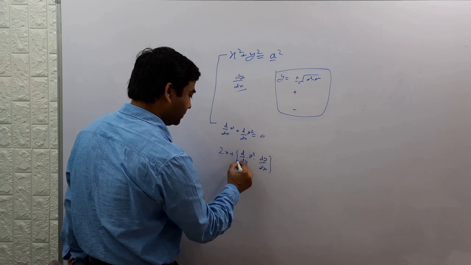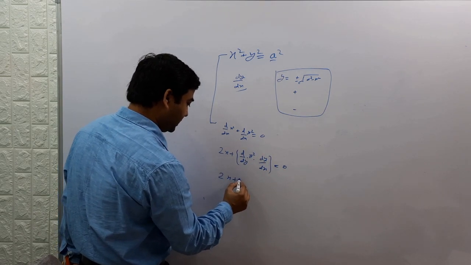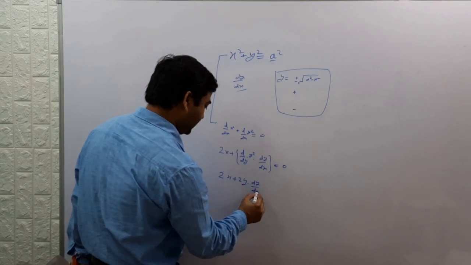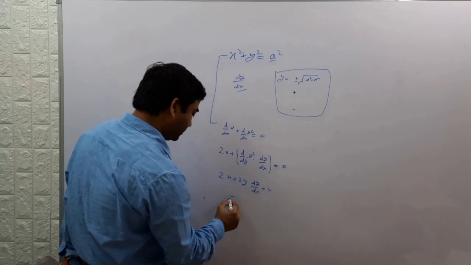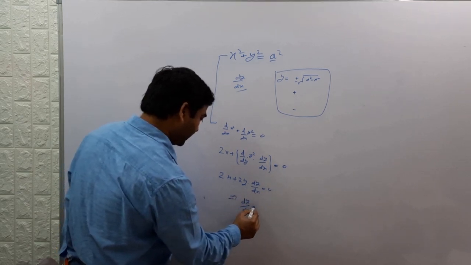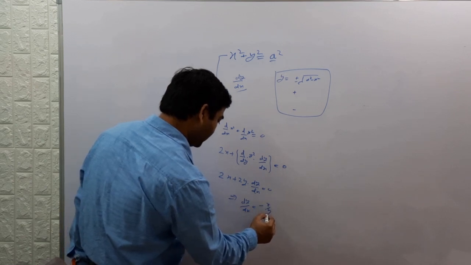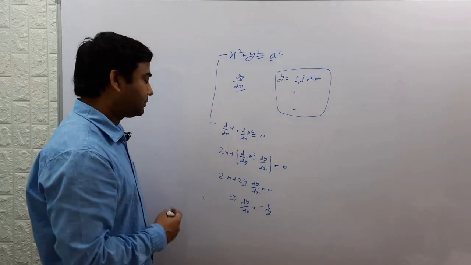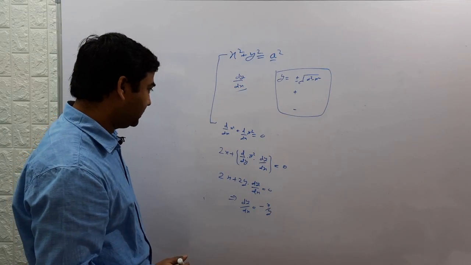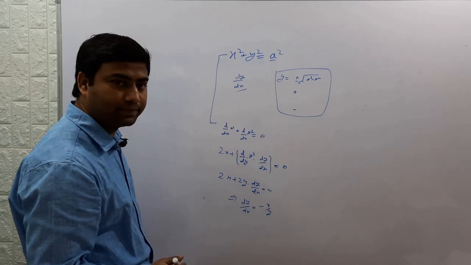This is the chain rule, is equal to 0. 2x plus 2y dy over dx is equal to 0. So here you can say dy over dx is equal to minus x by y. dy over dx is minus x by y.